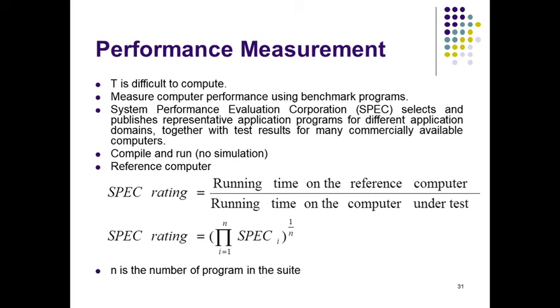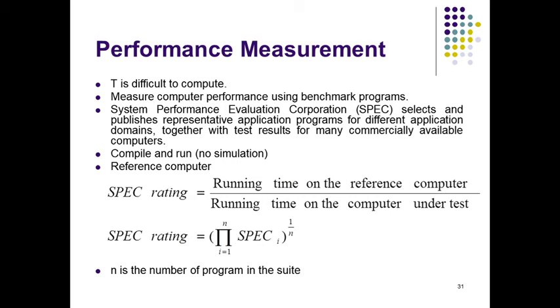Initially, some attempts were made to create artificial programs that could be used as standard benchmarks. But the synthetic programs do not properly predict the performance obtained when real application programs are run. The accepted practice today is to use an agreed upon selection of real application programs to evaluate performance.